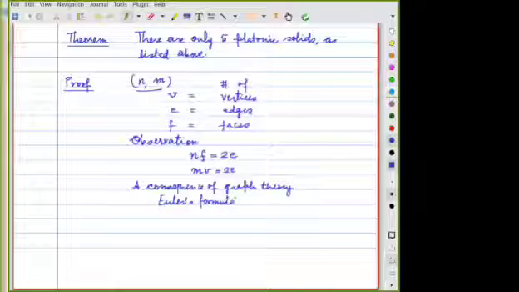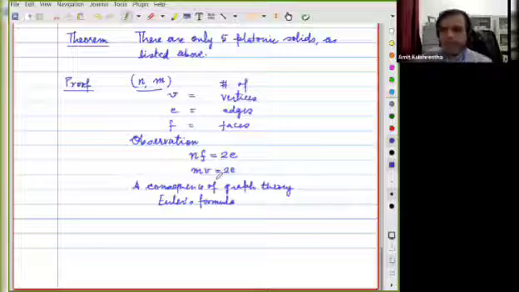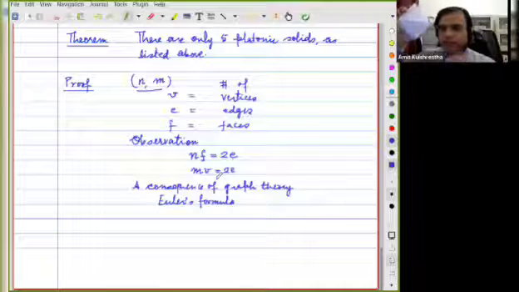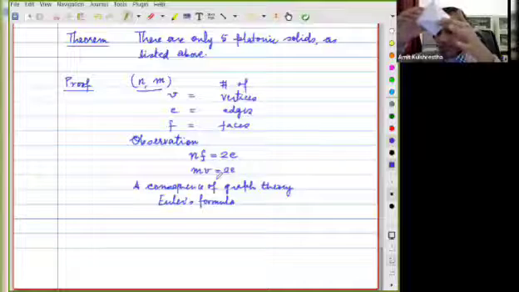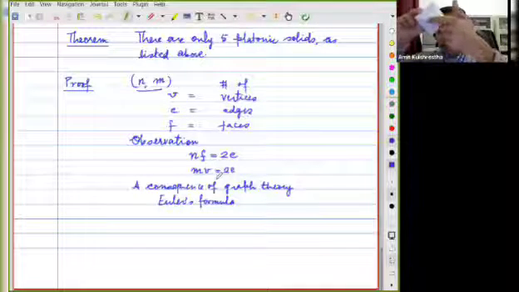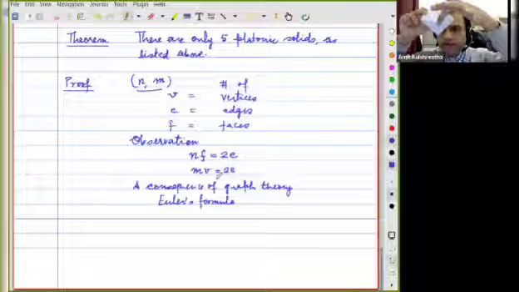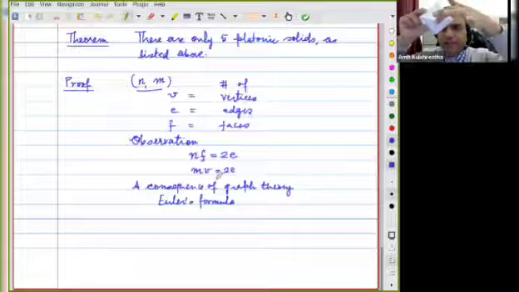Sir, can you please explain how we got MV equals 2E? The second one, right? Yes, sir. Okay, you look at this. You pick one vertex. What is it counting? How many edges are its neighbors, or in other words, how many faces are meeting at it?